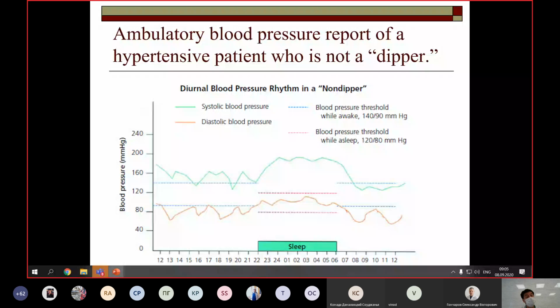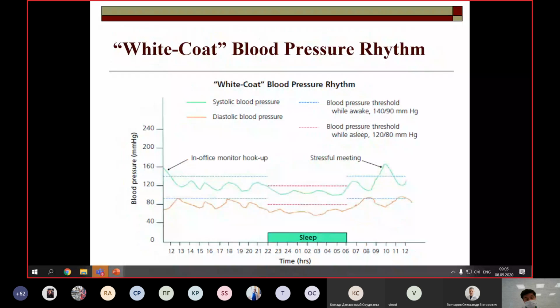In the next slide, we have the so-called white coat hypertension profile, associated with an incredible increase of both systolic and diastolic BP after the influence of stressful factors, on the right side in the office.